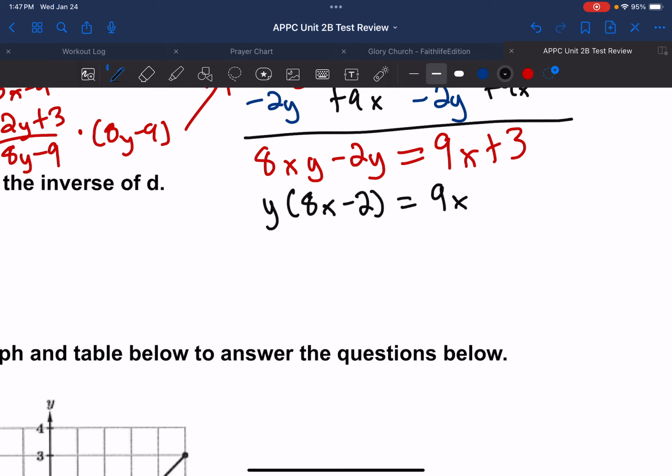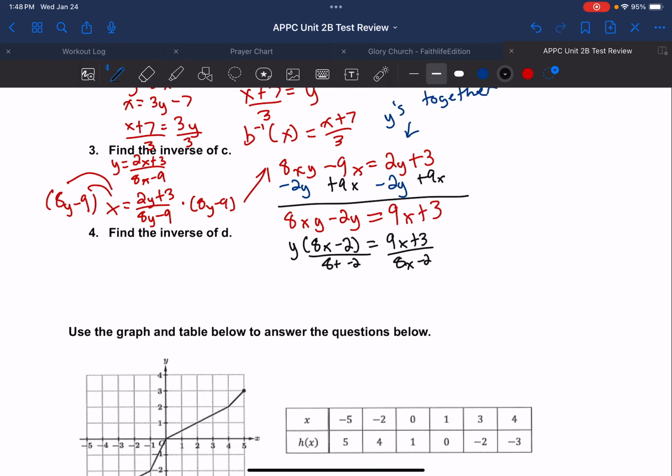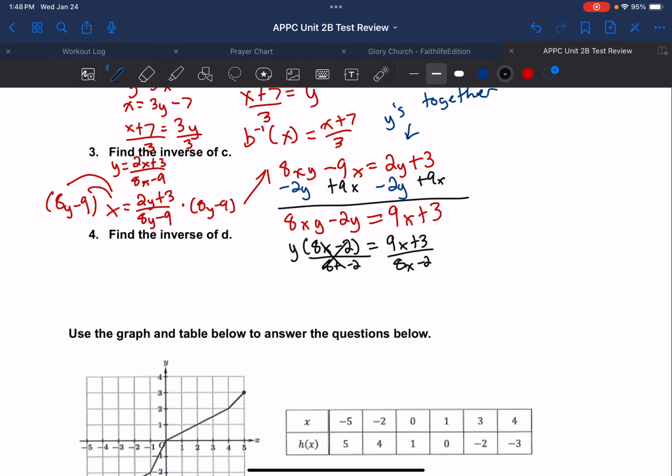Because what that allows me to do is just divide by this here. And then just rewrite it. Because now y is by itself. And I've got y equals 9x plus 3 over 8x minus 2.